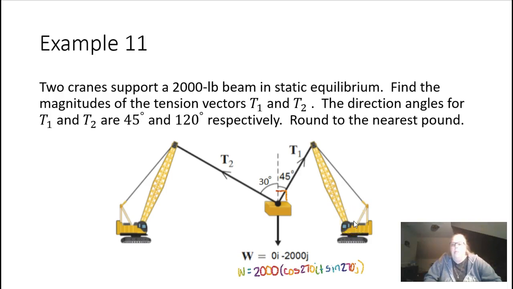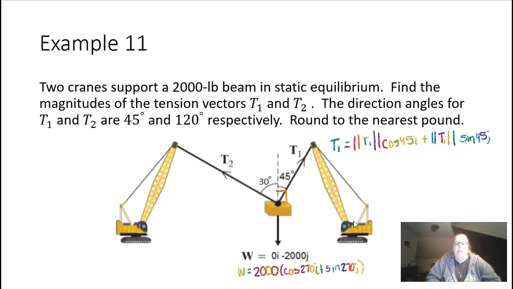T1 is going to be equal to the magnitude of T1, whatever it happens to be, times the cosine of 45 degrees i, plus the magnitude of T1 times the sine of 45 degrees j.